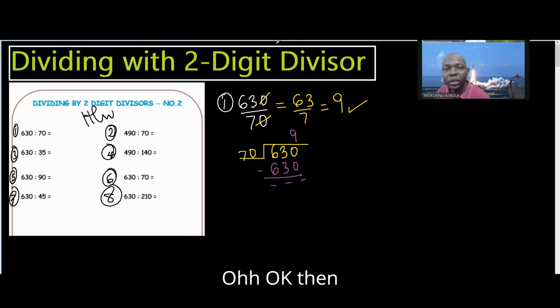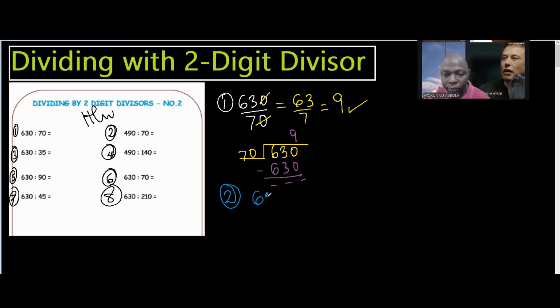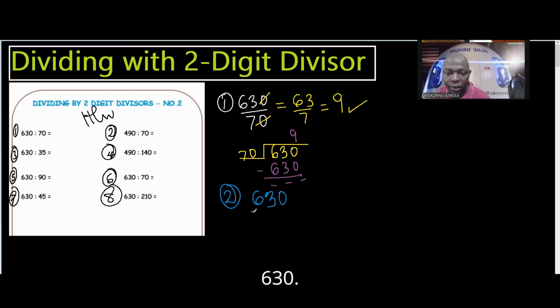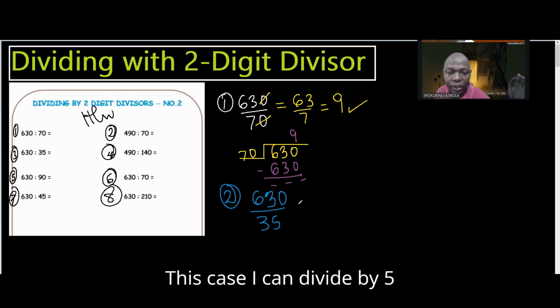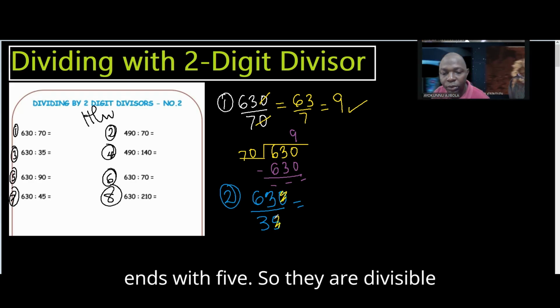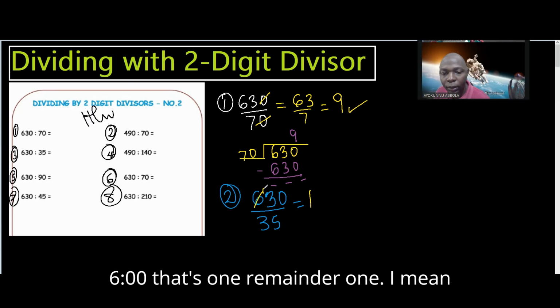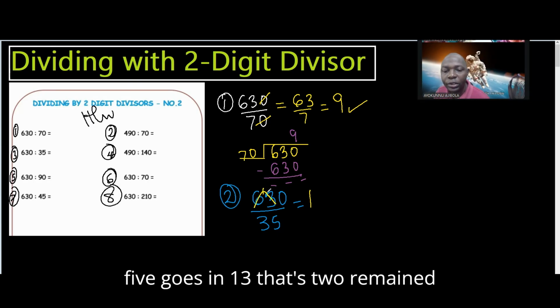Miggy, you are not there. Ah, okay. Then number 2, 630 divided by 35. In this case, I can divide by 5 because this ends with 0 and this ends with 5. So they are divisible by 5. How many 5 goes in 6? That's 1, remainder 1. How many 5 goes in 13?